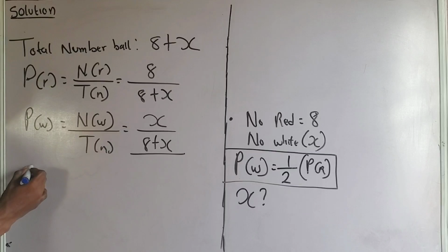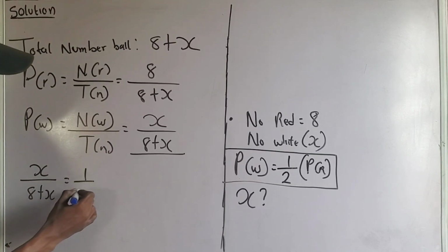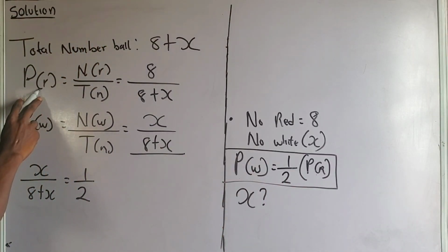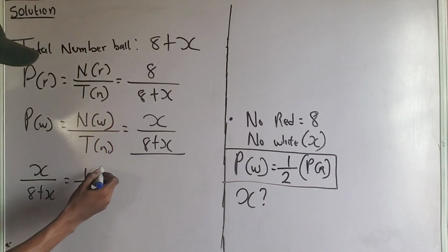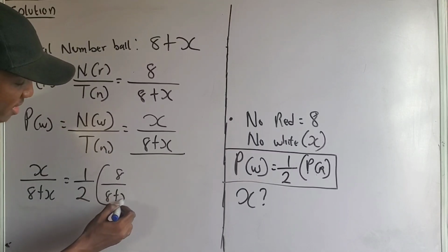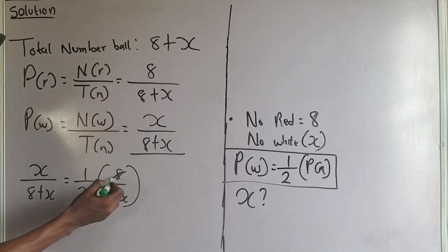So I'm going to have x all over 8 plus x equals 1 over 2 of the probability of a red ball. The expression for the probability of a red ball is 8 over 8 plus x. So I'm going to have equals 1 over 2 multiplied by 8 over 8 plus x. Do you understand? Okay, having gotten to this point, please pay attention. 2 into 1 is 2, 2 into 4 is 8, so 1 over 2 times 8 gives 4.